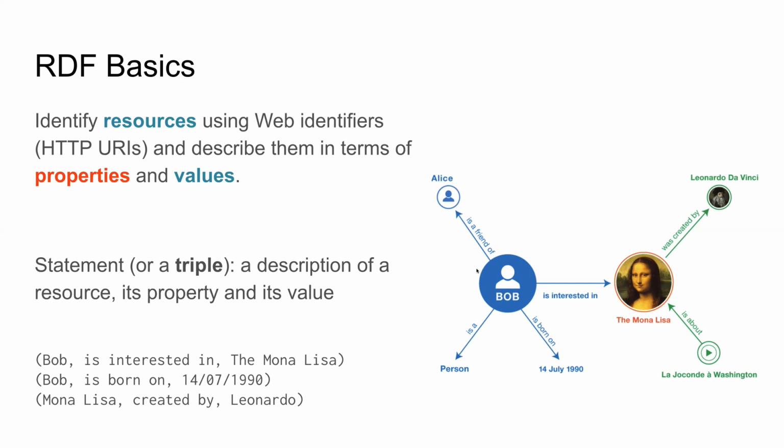This means that we have the triple Bob is interested in the Mona Lisa. We have a triple Bob is a person. We have a triple the Mona Lisa was created by Leonardo da Vinci, or Bob is born on the 14th of July, 1990. Every set of a resource, a property, and a value is considered a triple. And most of the time, this is represented as a tuple with 3 elements.